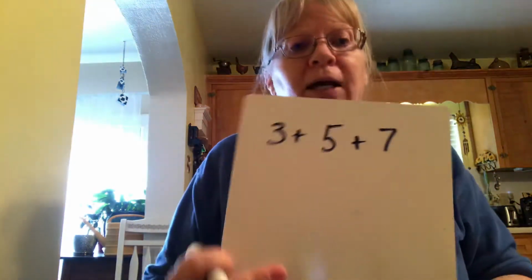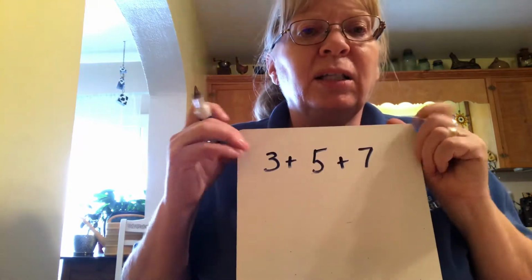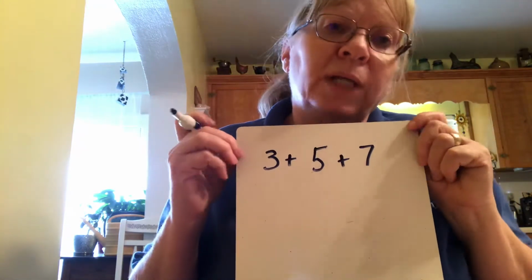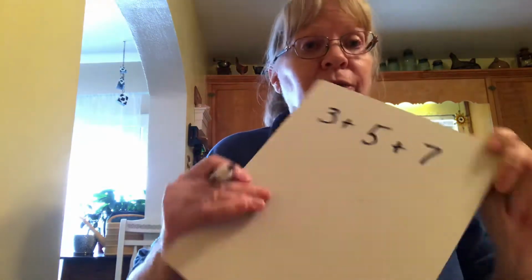So let's see, I am number 5. Now let's say these two people, 3 and 7, are on different sides of the room. When I go in, I can either go to this side and talk to 3 first.